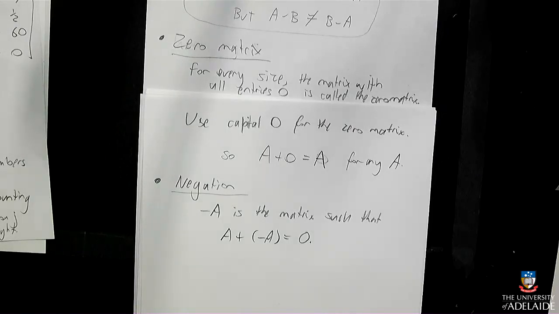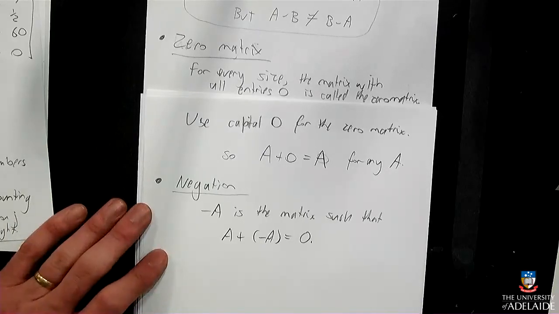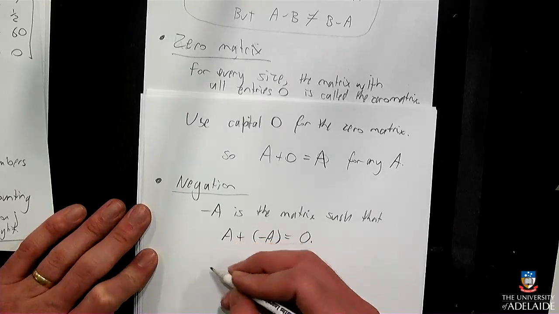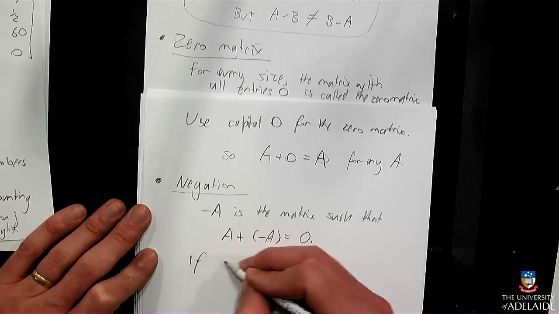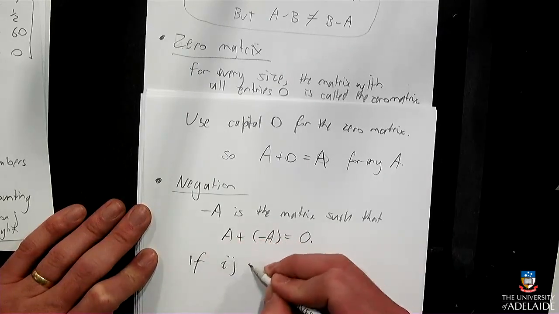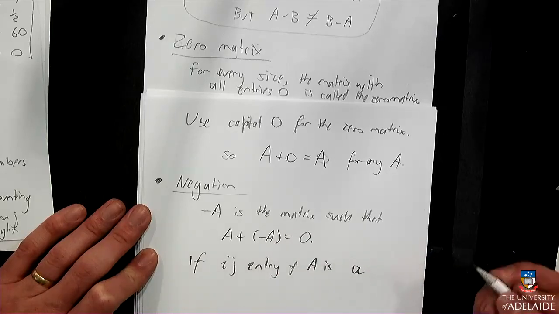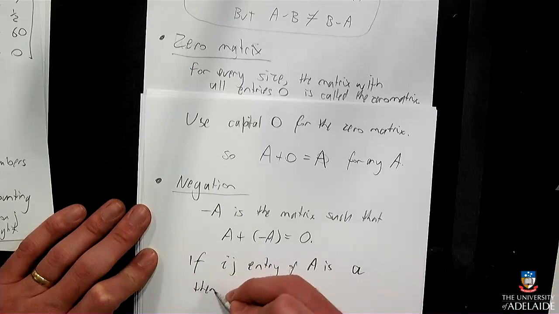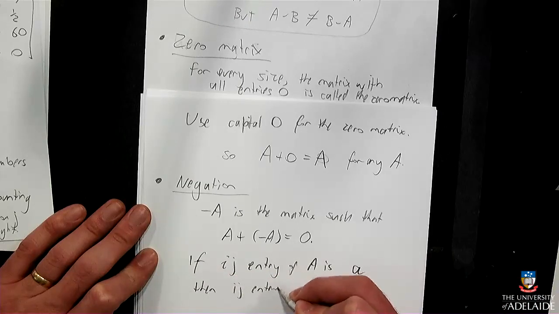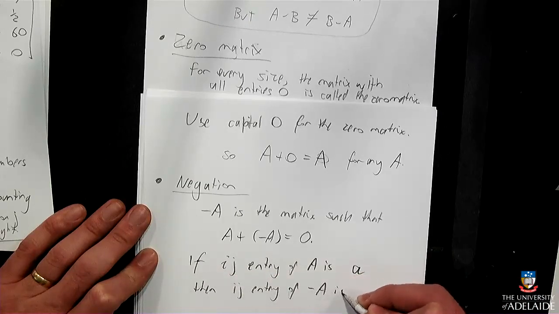The point is that when you add negative numbers, it takes you down to 0 from whatever the number is. But it turns out that minus A is the same as A, but with all of its entries minused. So if the ij entry of A is a, then the ij entry of minus A is minus a.